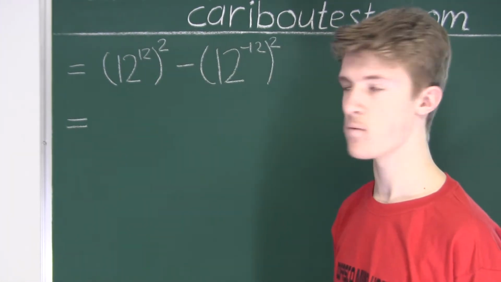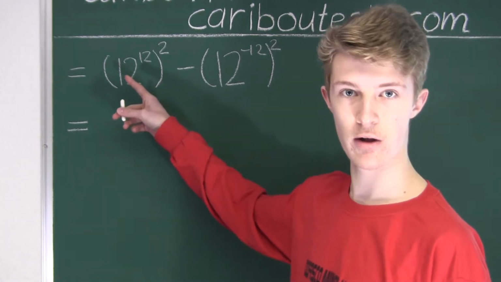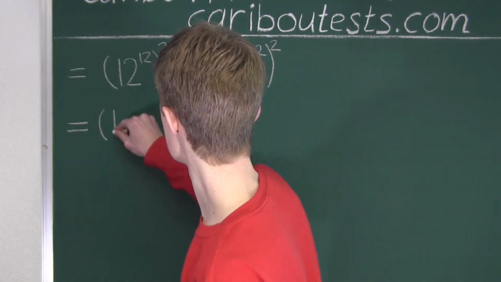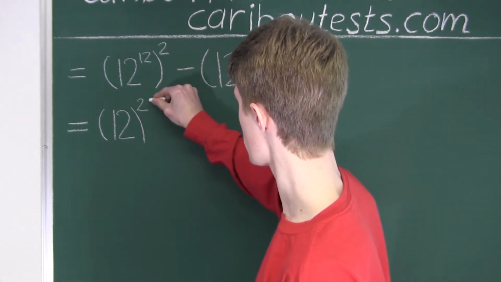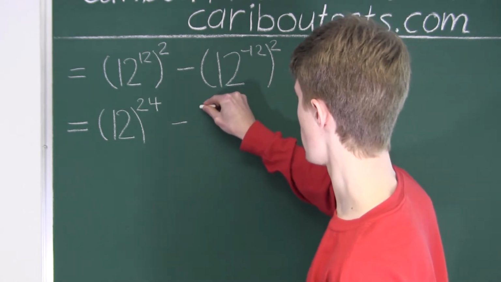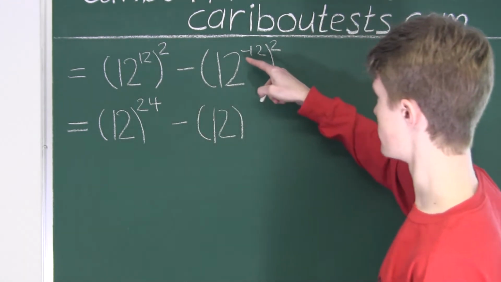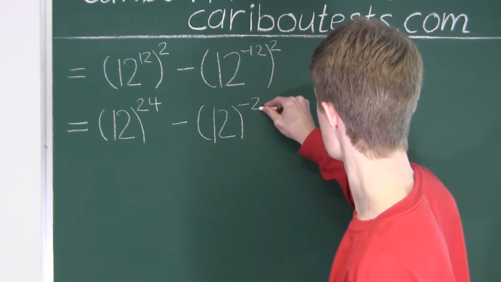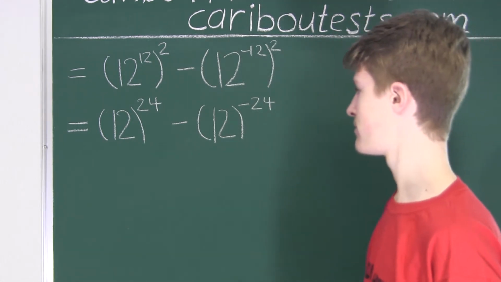Okay, and now using one of the power rules, we have 12 as the base, to the power of 12 times 2, which is 24. And that is minus, and again, 12 as the base, to the power of negative 12 times 2, which is negative 24.